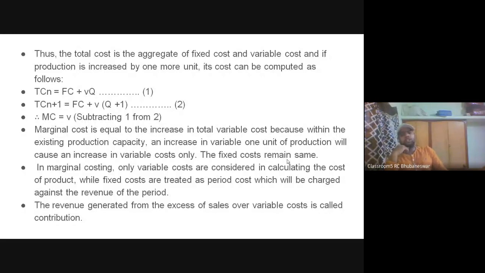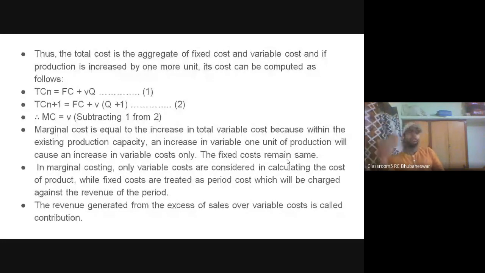while fixed costs are treated as period costs, which will be charged against the revenue of the period. Next, the revenue generated from the excess of sales over variable cost is called contribution. That means here we have another terminology, known as the contribution part.